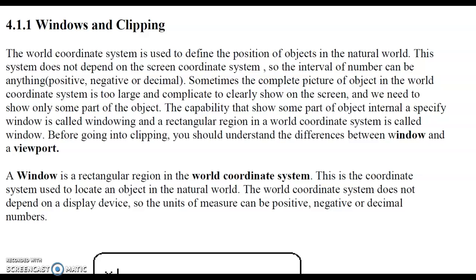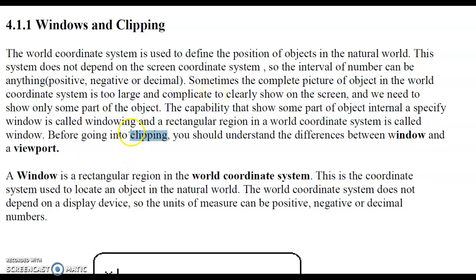Window is nothing but, if an object is there, for example, take this entire screen as the world coordinates. By world coordinates I mean that this is the entire screen that will be present. But in this screen, I just want this clipping word. So this blue box, can you see this blue box? That will act as the window. What is inside this blue box will be presented, and what is outside this blue box will be clipped, so that will not be present.